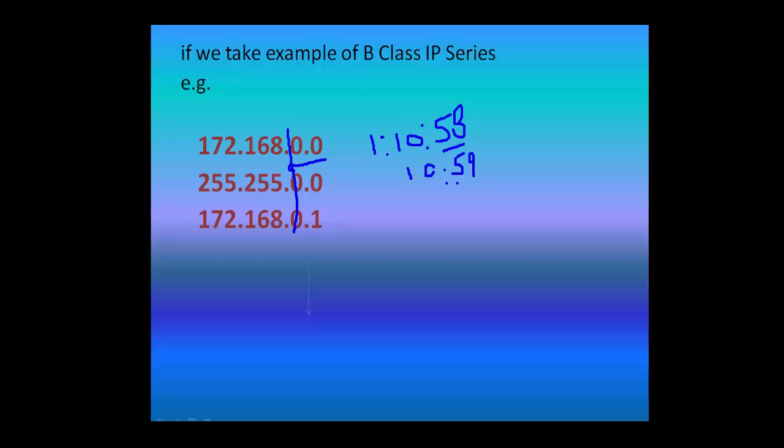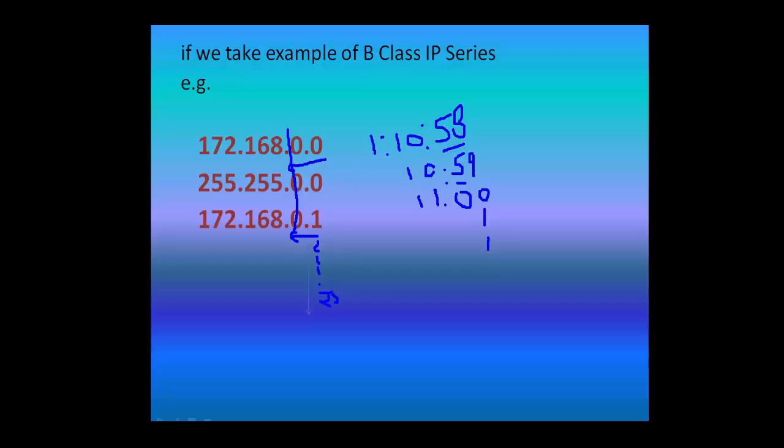If you remember now, seconds, then it becomes 1.0.0. Again it starts 1, 2, 3, 4, 5, go up to 59. In the same way, we start from this side and go up to this side: 1, then it goes 2, 3, 4, 5, 6, 7, go up to 255.